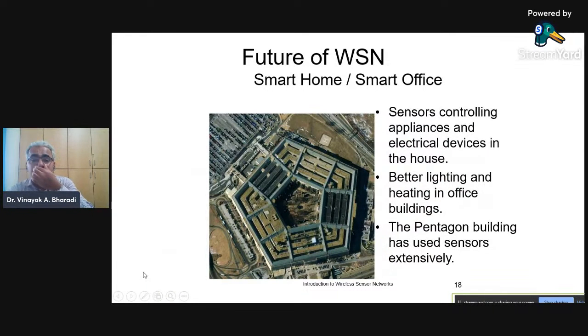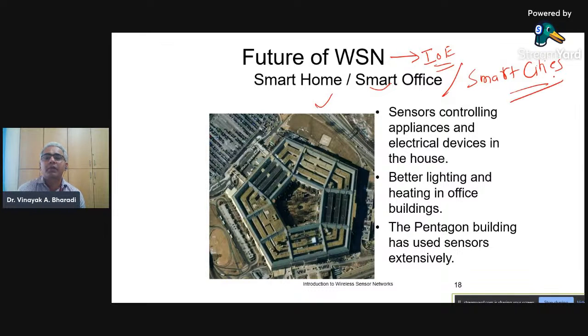So the future of WSN. Here this WSN is there, but we can say the future of WSN is IoE. So smart home, smart office, I can say smart cities also. Sensors controlling appliances and electrical devices in the house, smart home, some of you are having projects.